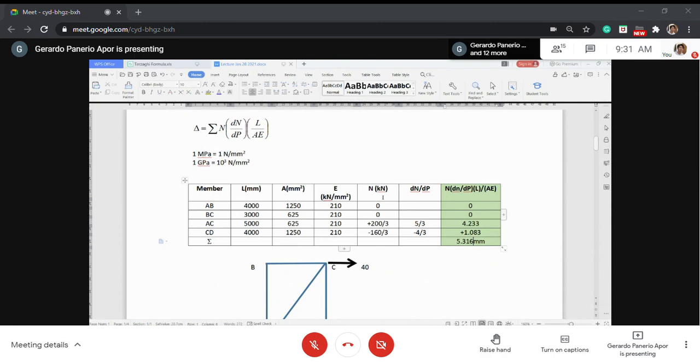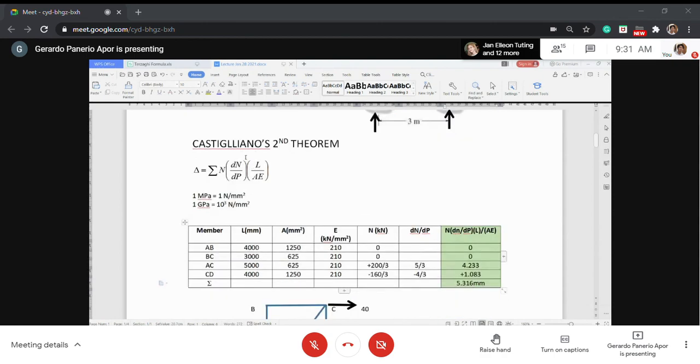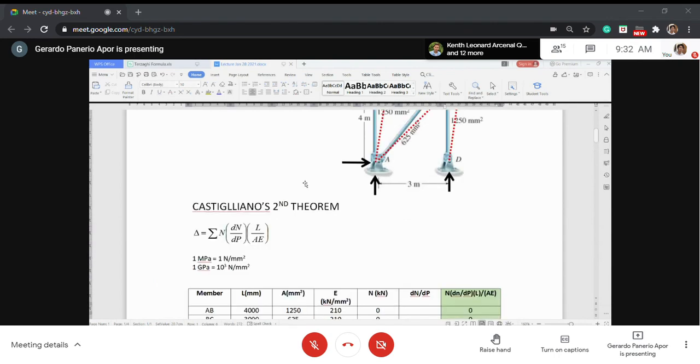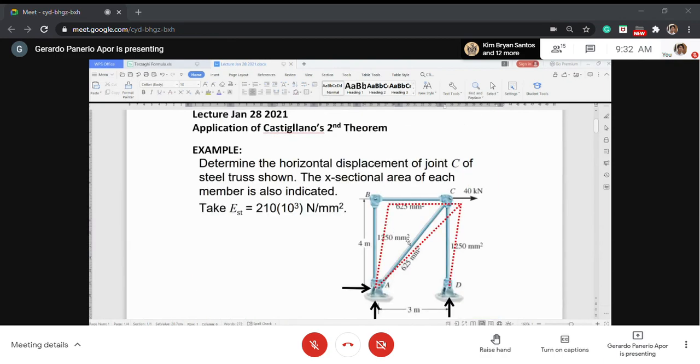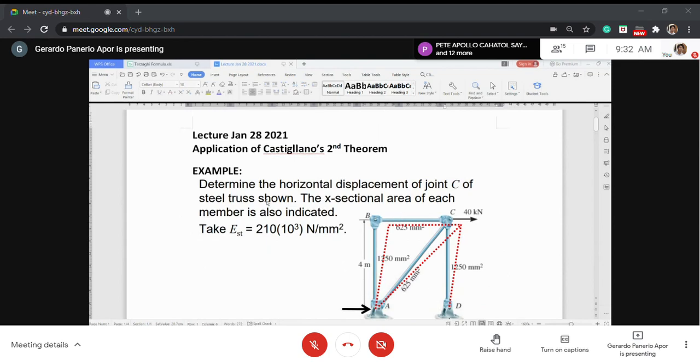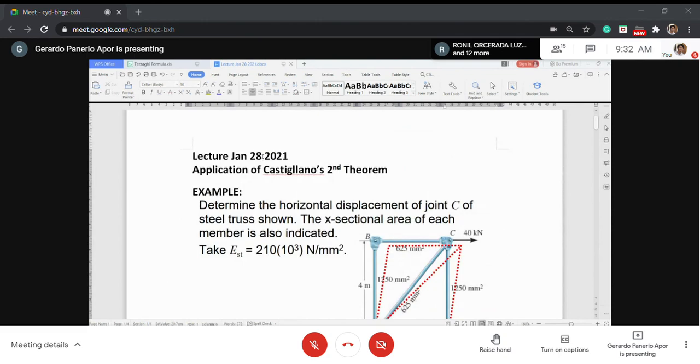Okay. Now, for our discussion this morning, instead of using the NDP, we will use another approach to solve it. So to have a comparison of the methodology, I will use the same problem. What I will do is I will just change this to Grade 11.